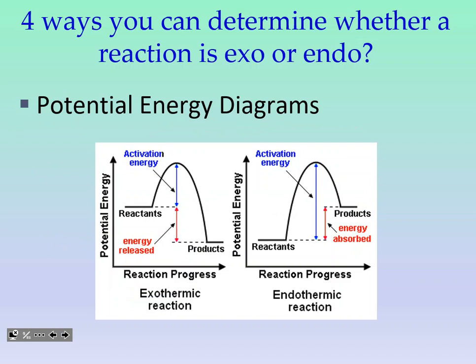Maybe this is like part A of the FRQ, and then part D or E has to do with the equilibrium, but they expect you to remember from part A that the energy diagram is telling you, if the reactants are above the products, it's exo. If the reactants are lower than the products, it's endo. So these are various ways in the FRQs that they could tell you whether this is exo or endo.